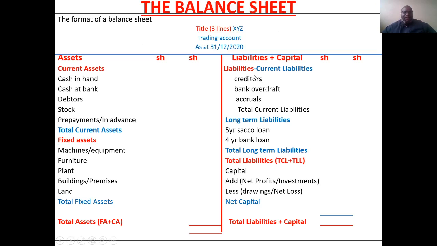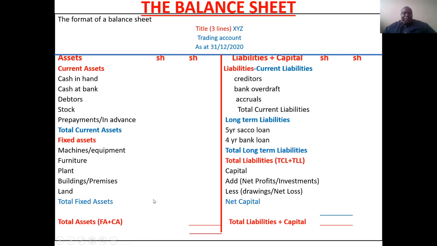Examples of current liabilities: we have creditors, bank overdraft, accruals, etc. And then we have long-term liabilities, examples: 5-year loan from a SACCO, 4-year loan from a bank, etc. And then we sum these up plus capital to arrive at a figure here that should be equal to this. And that's why we have balance sheet.